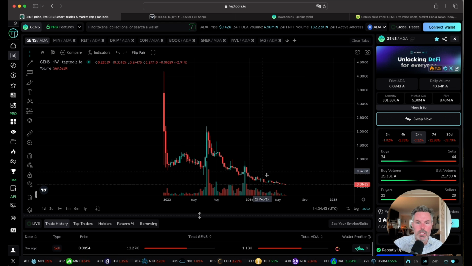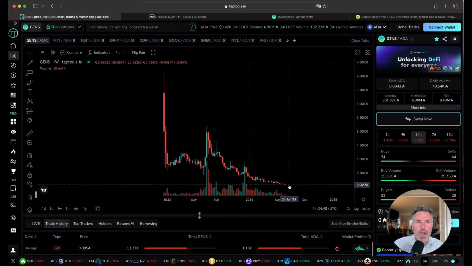And so why you look at that seed round phase and the private sale phase, why you look at those numbers, is because there can be a very strong argument that the price will return back to that price.